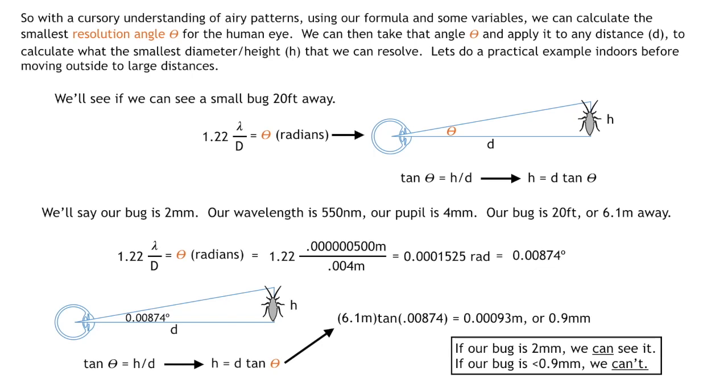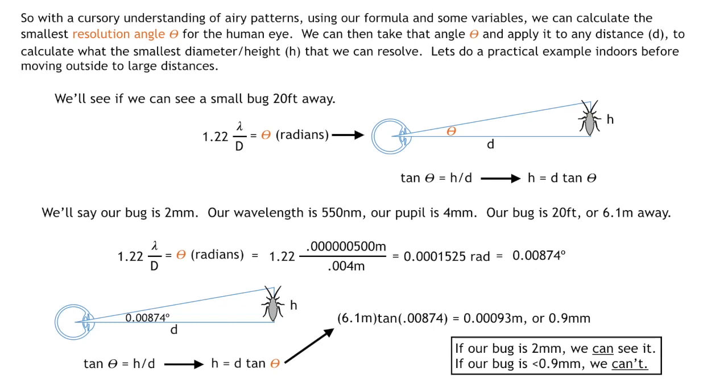So we'll say our bug is 2 millimeters. The wavelength of light we're observing here is 550 nanometers, right in the middle of the visible spectrum, and our pupil aperture diameter is 4 millimeters. So our bug is 20 feet away, or 6.1 meters. So we've first solved for theta. We plug in our numbers.